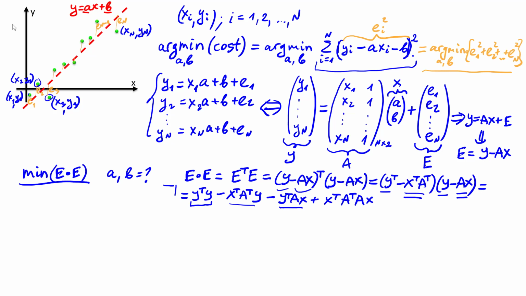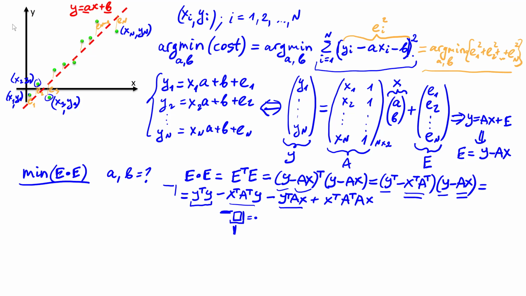You can see that by a very simple example. If x transpose is a vector, A is a matrix, and y is a vector, then multiplication of a vector by a matrix will be a vector, and multiplication of a vector by a vector will be a number. So this is how it works.